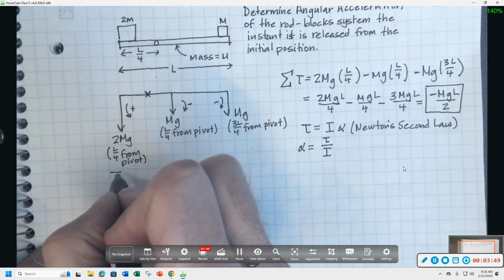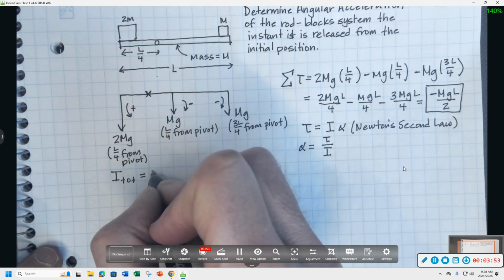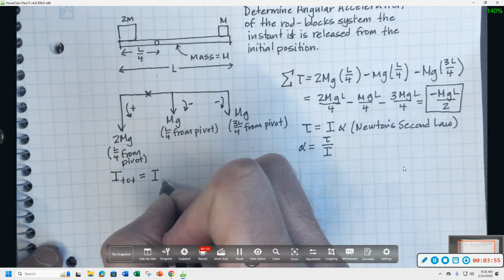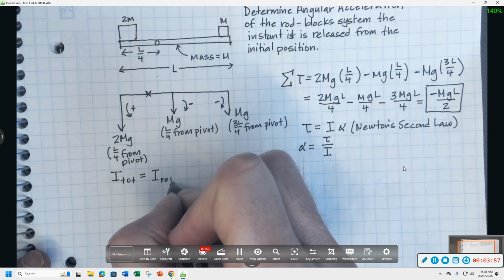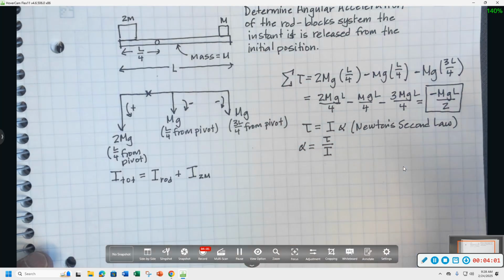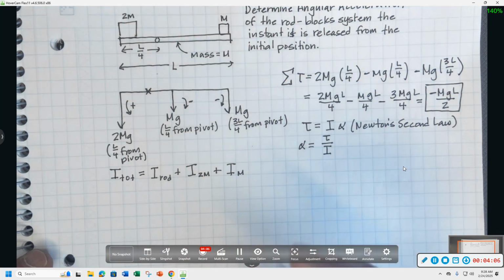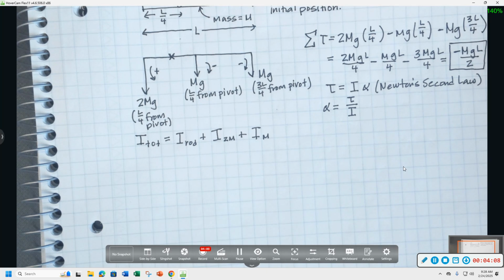So if I want the total rotational inertia of this, I've got the rotational inertia of the rod plus the rotational inertia of the 2m block plus the rotational inertia of the 1m block. Systems consisting of 3 parts.